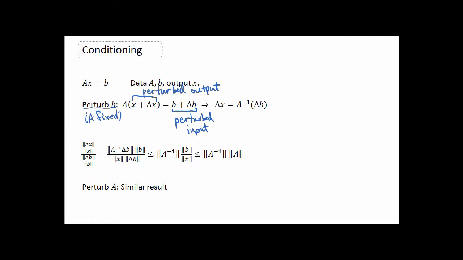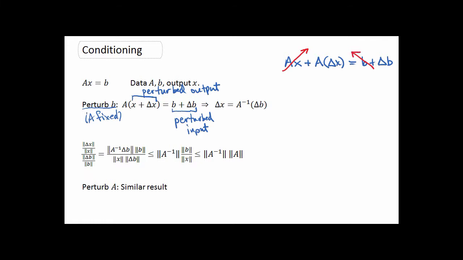Okay, so if we multiply out that equation, we have A times X plus A times delta X, where delta X is one symbol, meaning a vector, equal to B plus delta B. Well, we know that X is a solution of AX equals B. That's the solution of the unperturbed problem.